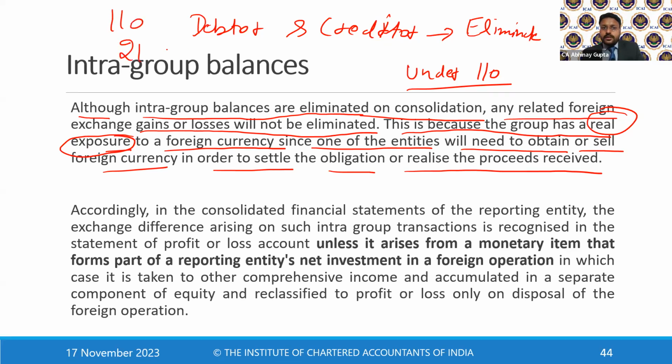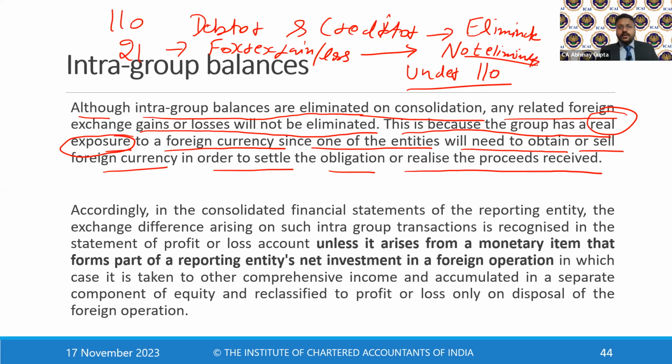But under Ind AS 21, the forex gain or loss on the above balances or transactions will not be eliminated, right? Because we have the real exposure. So this is the rule.